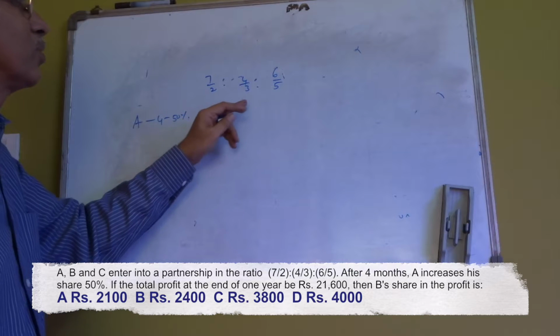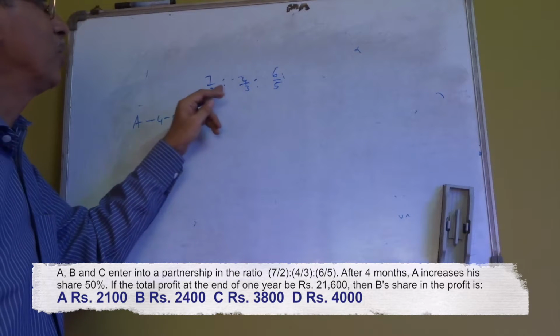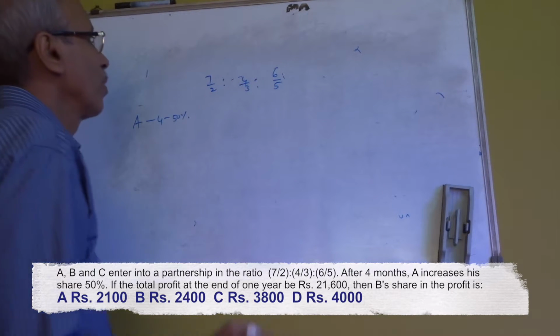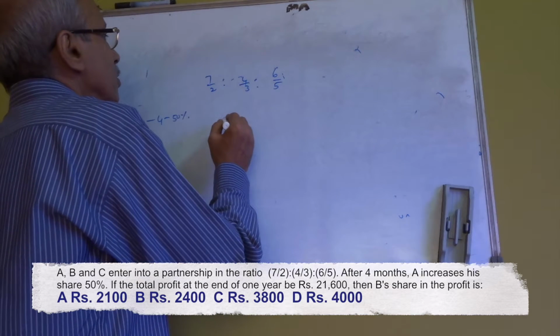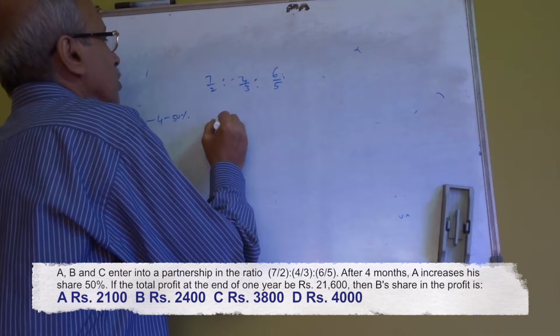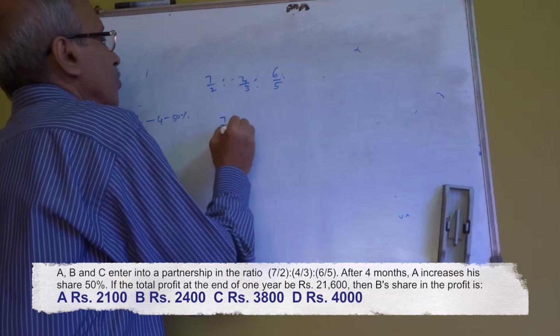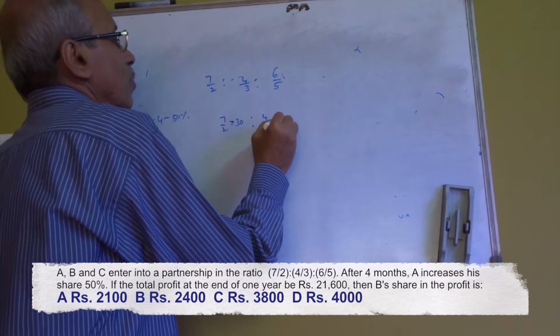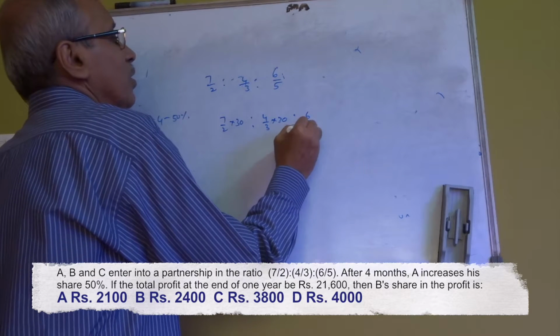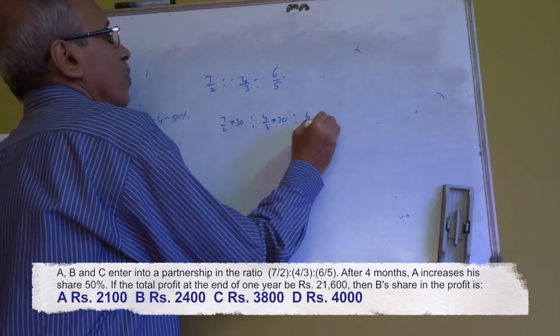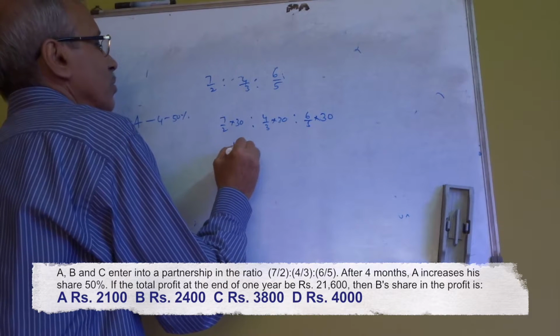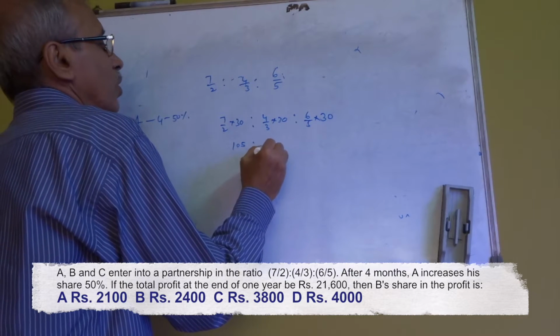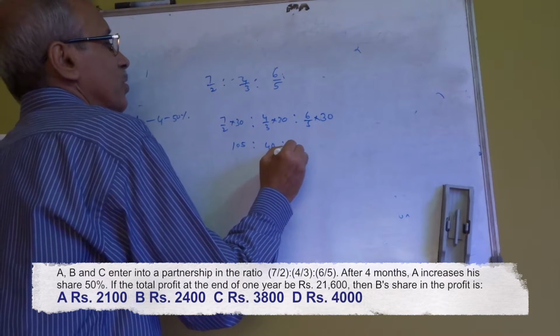First let us take an LCM and simplify it. 30. 7 by 2 into 30 is to 4 by 3 into 30 is to 6 by 5 into 30. That is 105 is to 40 is to 36.